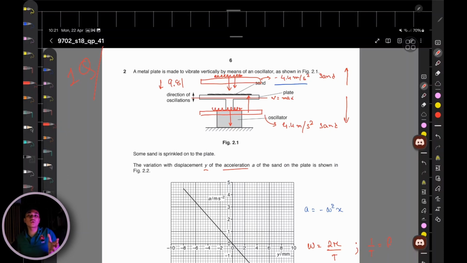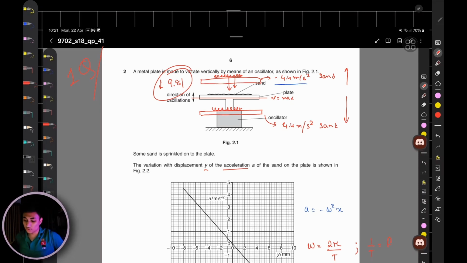So it's not going to lose contact with the plate. However, at the topmost position, when you have increased your amplitude and your acceleration is maximum, that is 9.81 meter per second squared due to gravity, that means your plate has stopped exerting a force on the sand upwards, which is why at that position, the sand will not be in contact with the plate. It will fall on its own due to gravity, right?